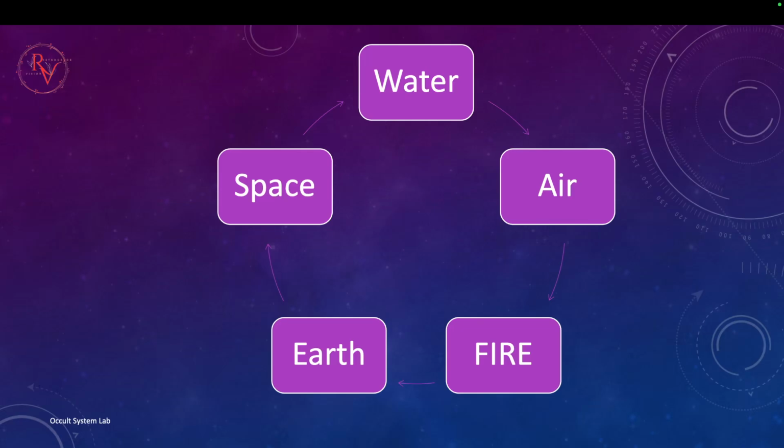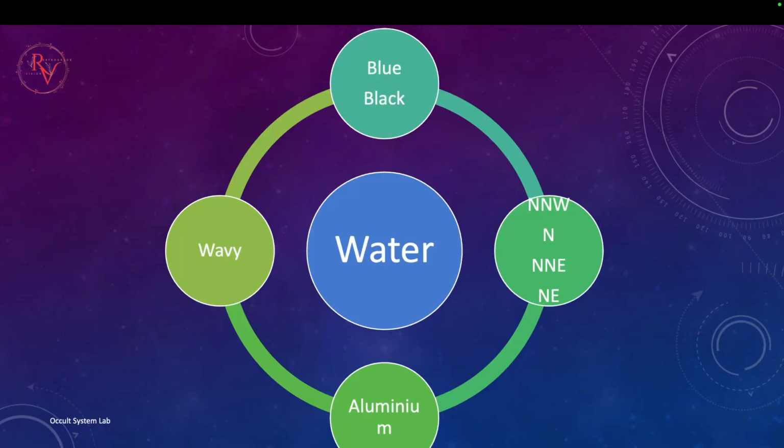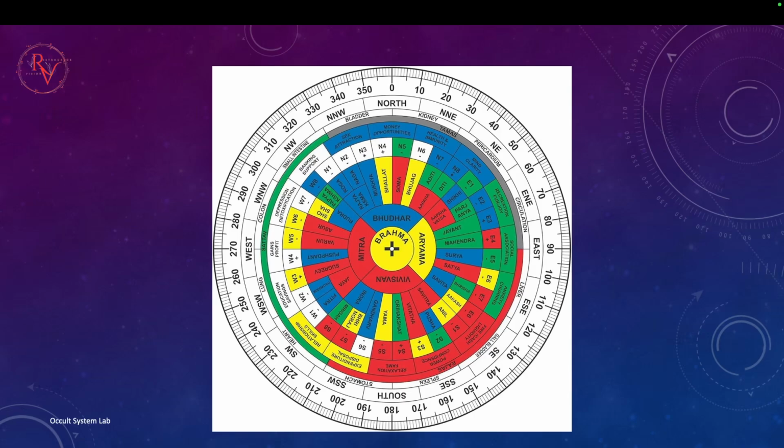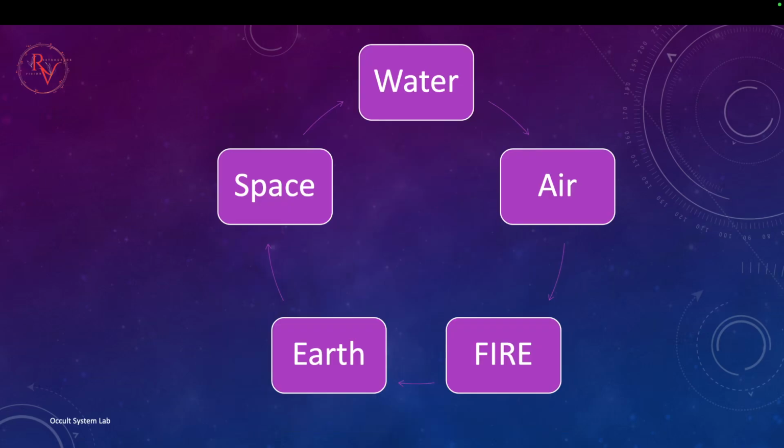These are the 5 elements, and every direction is ruled by one or more elements. Okay. So that is the crux. Okay. So I hope you understood till now about the 5 elements. The entire goal of Vastu Shastra is to balance the 5 elements. So obviously we have 16 directions, and we have 5 elements, right?